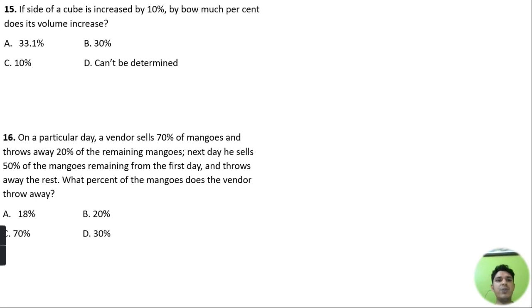A side of a cube increases by 10%, by how much percent does its volume increase? So student, just use 10% increment 3 times, successive percentage change, simply 10 plus 10 plus 100 divided by 100, so this will be 21%, that means 21% increment.